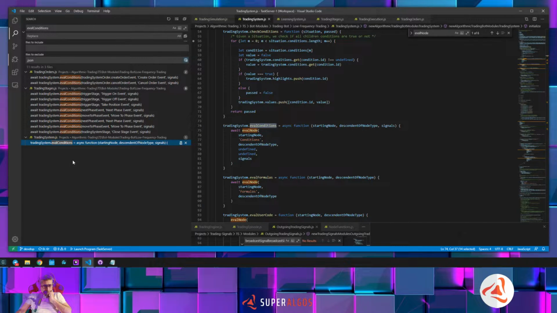These are trading. So we have one, the definition of the function of the trading system. And we have many at trading stages and a few at trading orders.